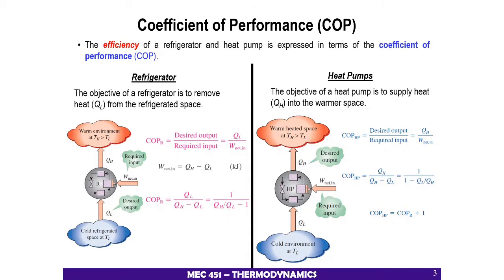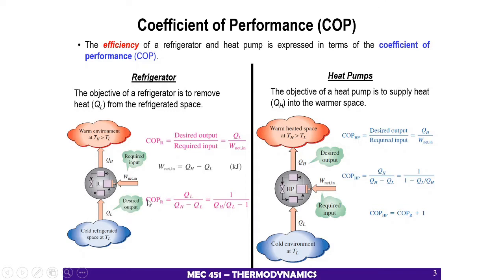Okay, so the objective of a refrigerator is to remove heat, Q low, from a refrigerated space. So this is your warm environment, this is your low environment. In the middle you have the net work required to refrigerate. Heat is transferred to the warm environment and heat is absorbed from the cold space.